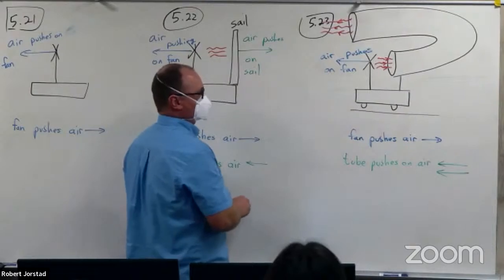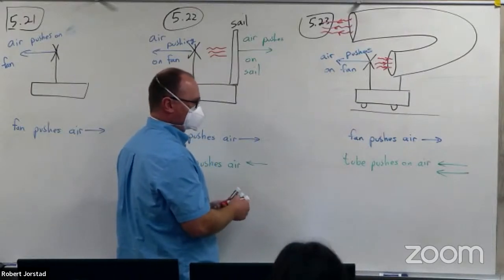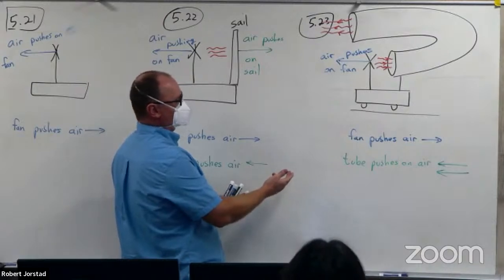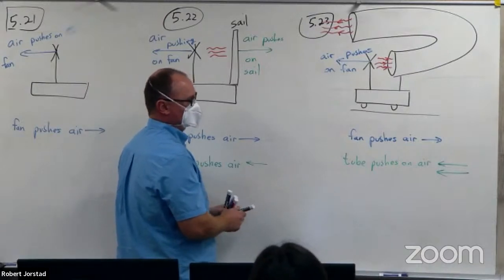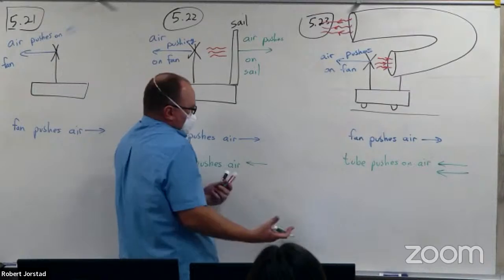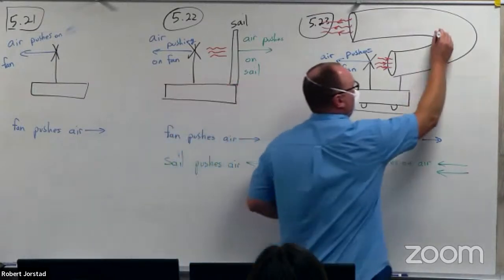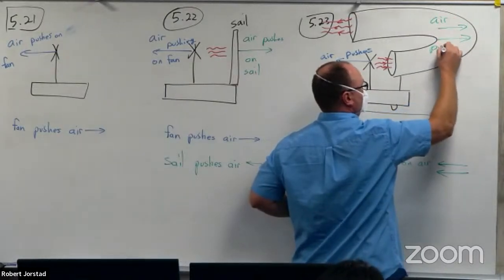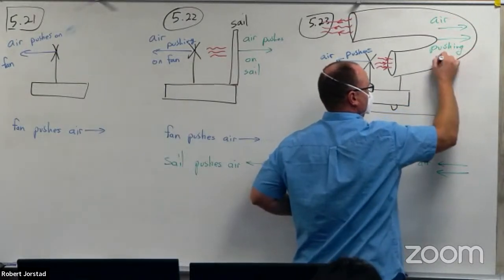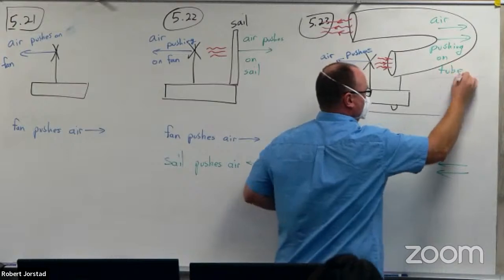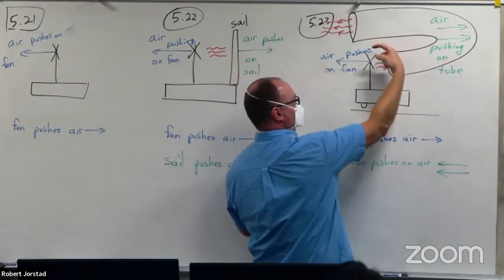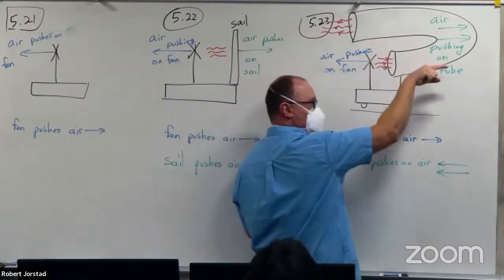So now, in this case, which way does the air push on the tube? The tube's saying, air, go that way. So the air's like, tube, go that way, dude.